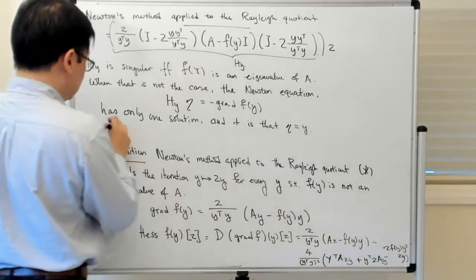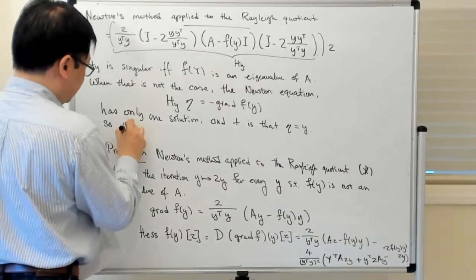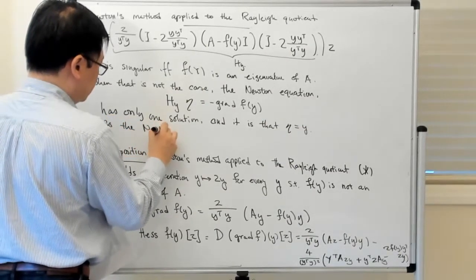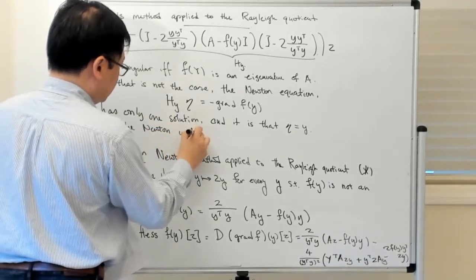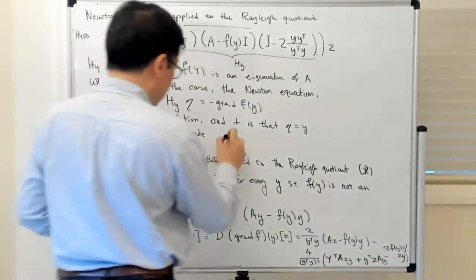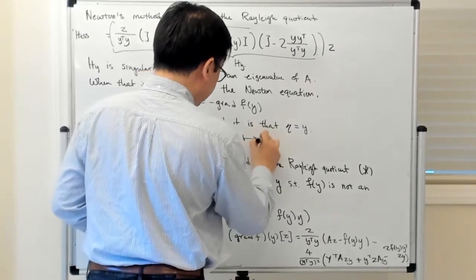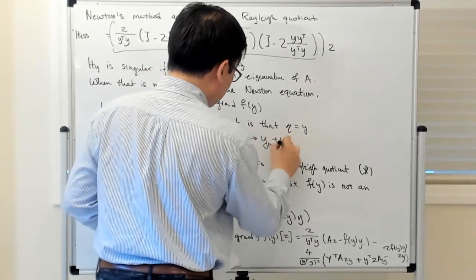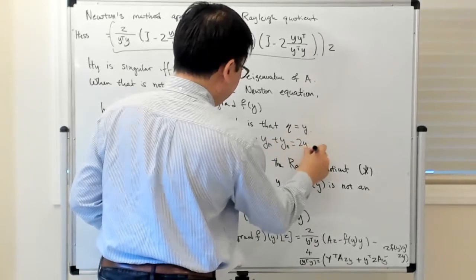So the Newton update goes from y_n to y_n plus y_n, which is 2 y_n.